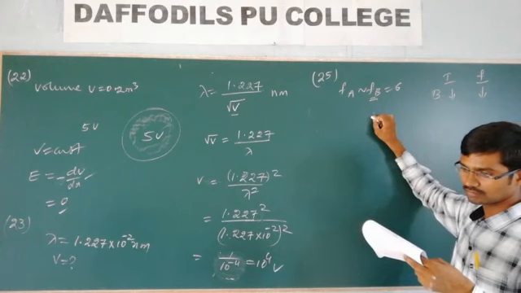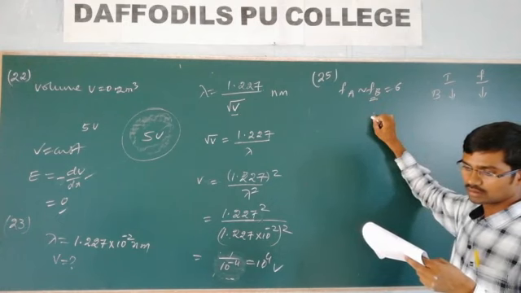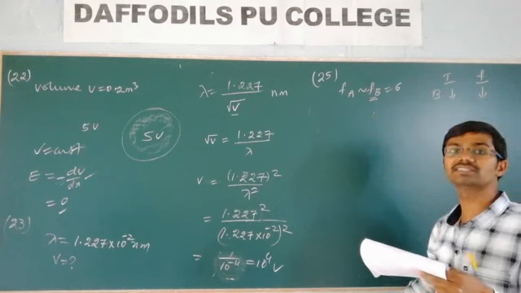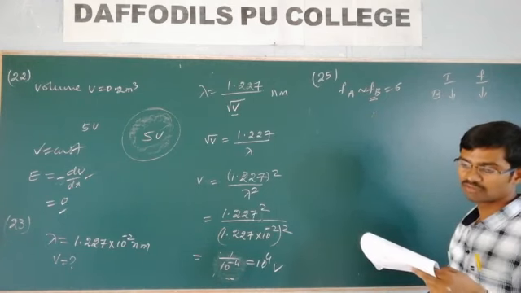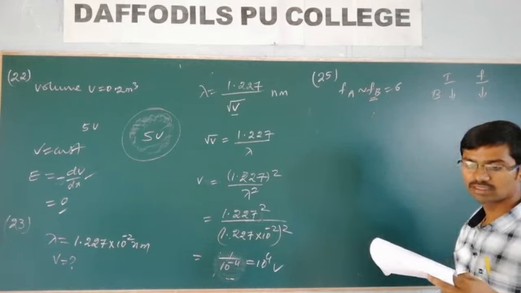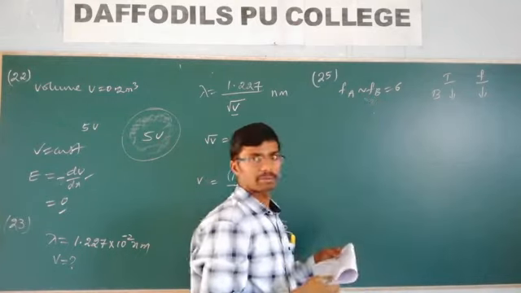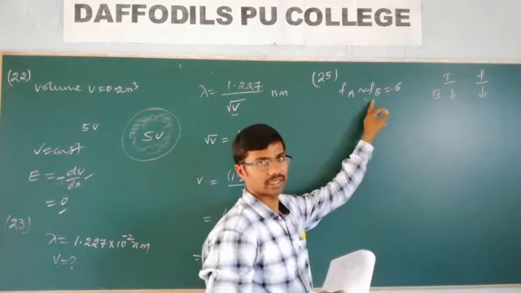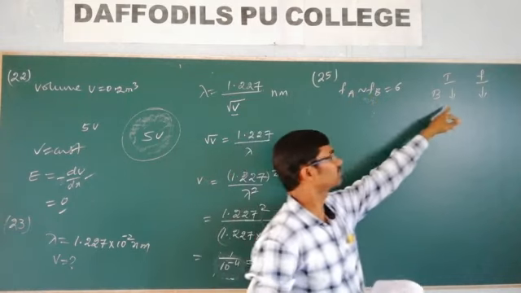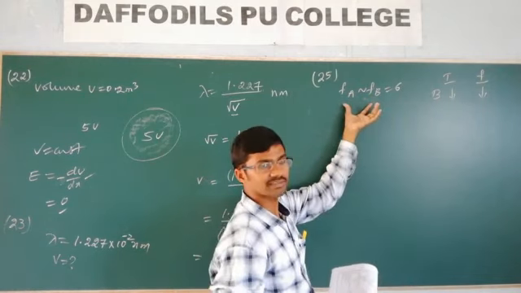It decreases, because f is equal to 1 by 2l square root of T by mu. If the tension decreases, the frequency also decreases. So B frequency decreases, and the beat frequency increases to 7 Hz.